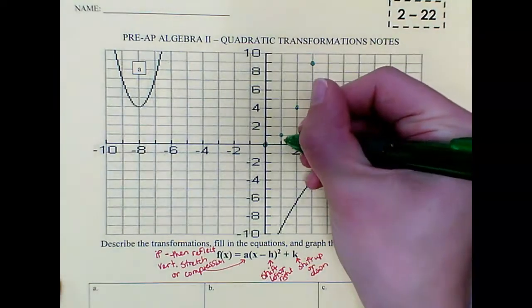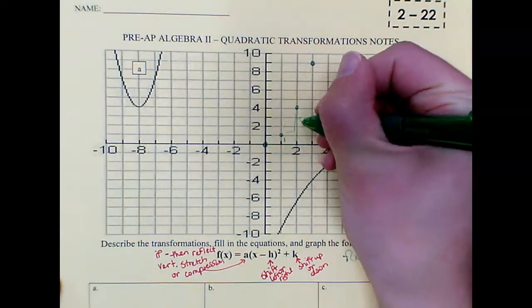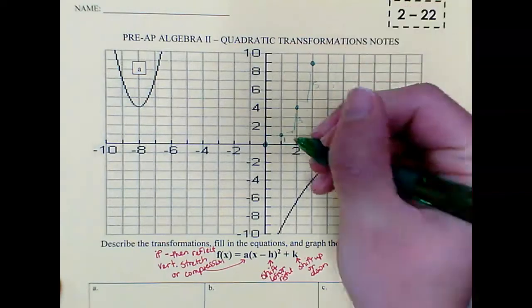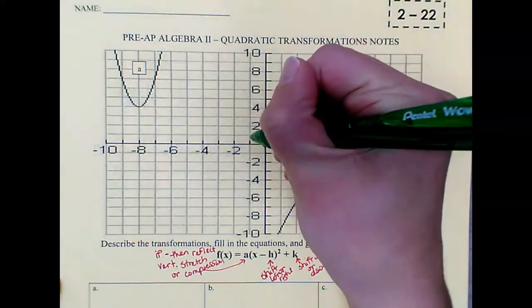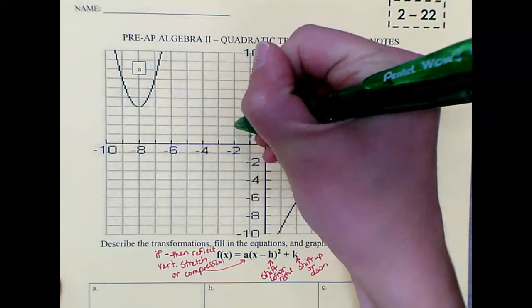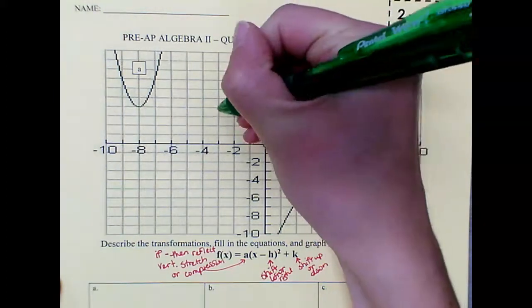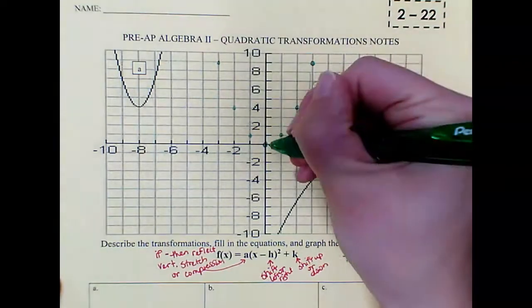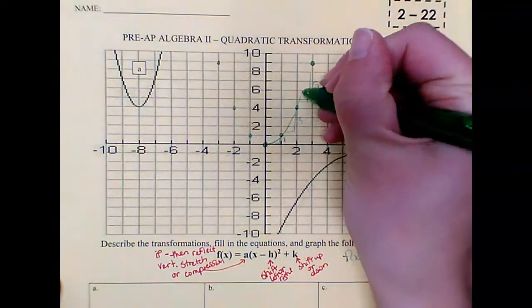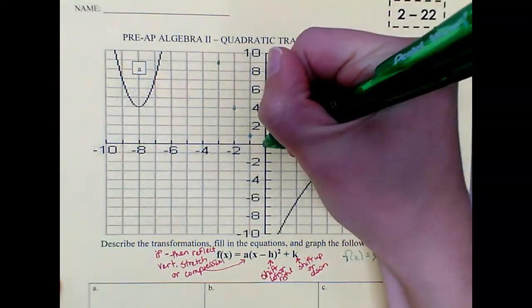So we go up 1, we go up 3, we go up 5, and we would keep going up by odd numbers. And so that makes that quadratic function, that parent function. And the quadratic pattern is 1, 3, 5, 7, 9, and so on.